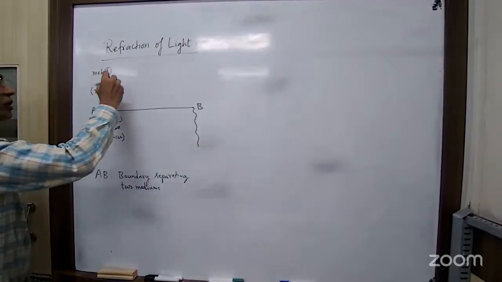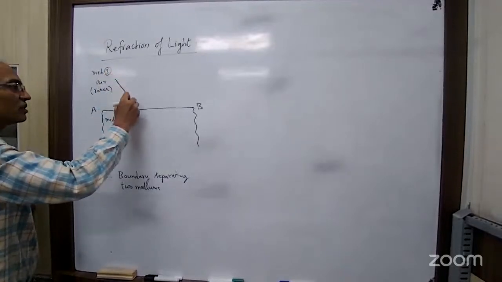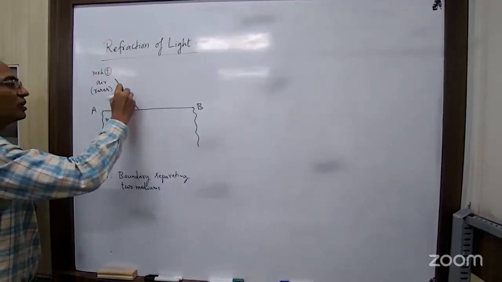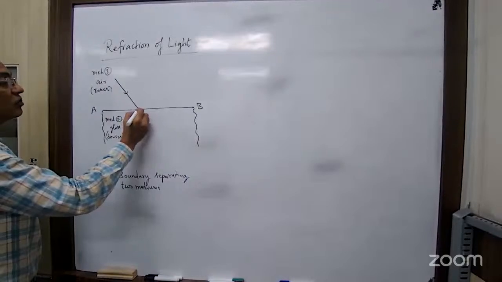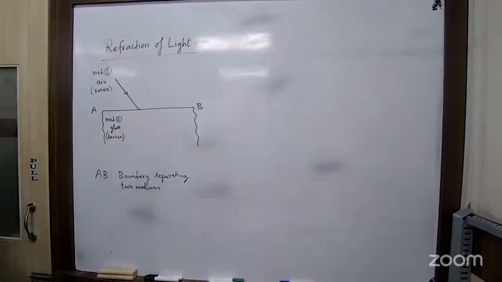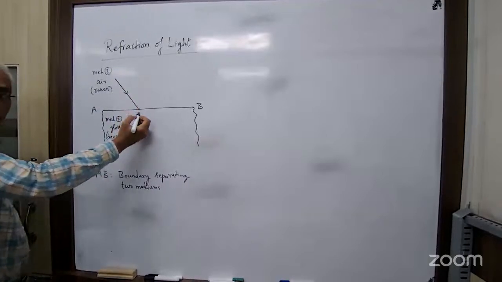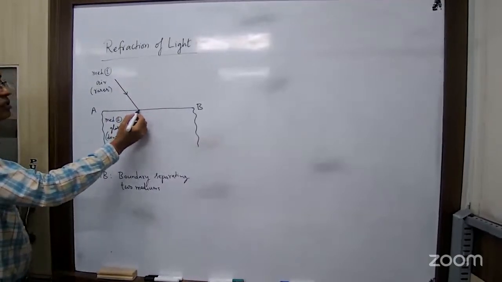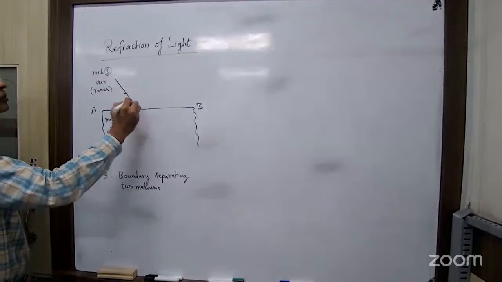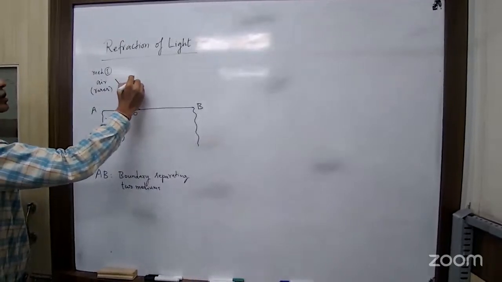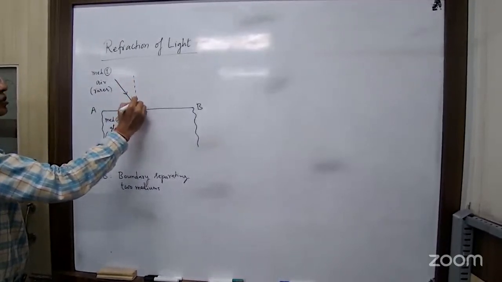When the light ray travels obliquely, pay attention here. When the light is incident on the boundary obliquely, this is the point of incidence O. Let us draw the normal.